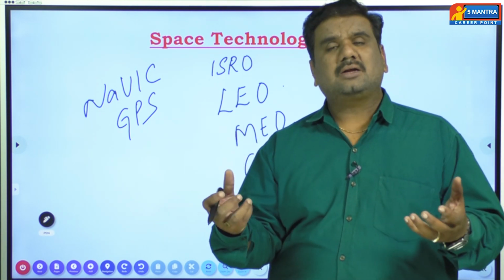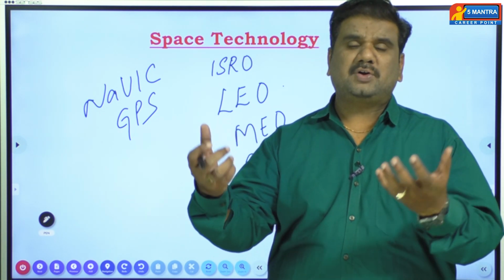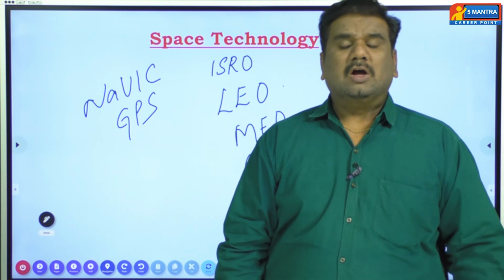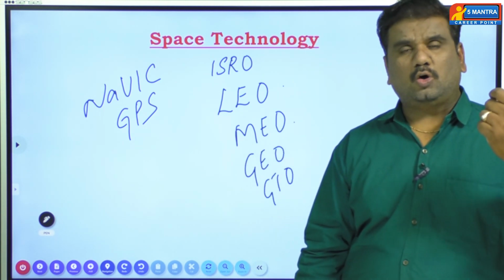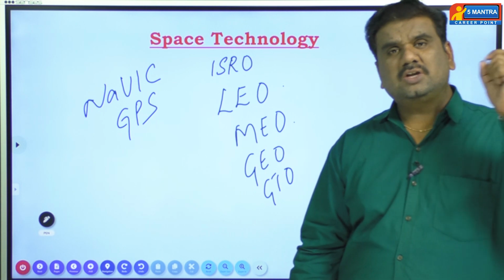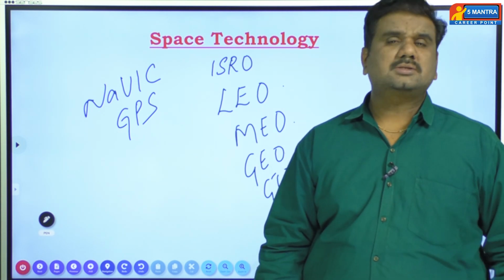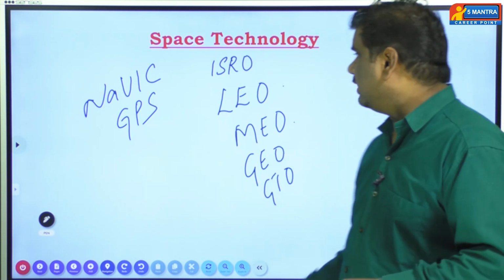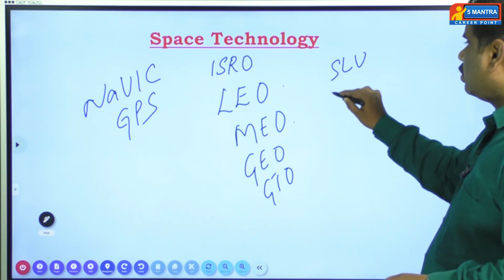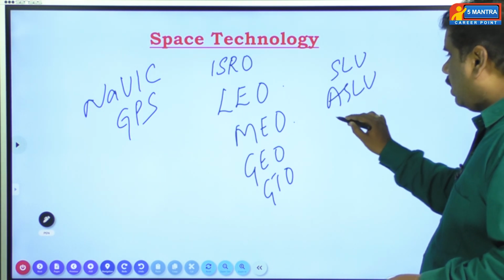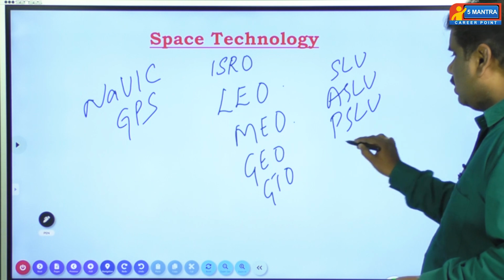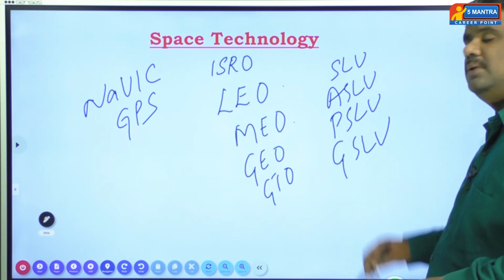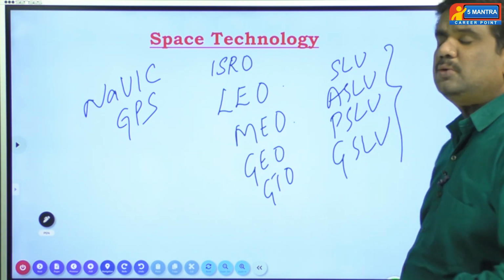So these particular satellites were launched with the help of different launch vehicles. For placing satellites in orbits, we use different types of launch vehicles. Whether you're talking about the SLV, the ASLV, the PSLV, or the GSLV. So what is the difference between them?